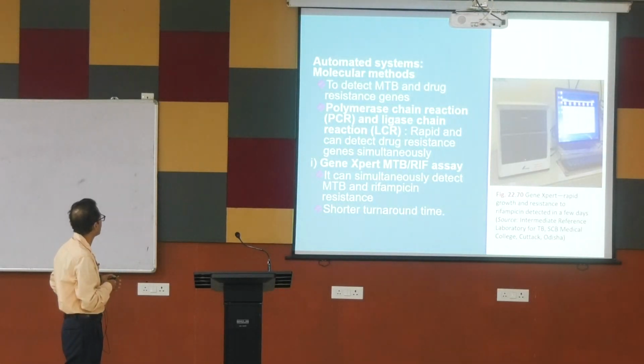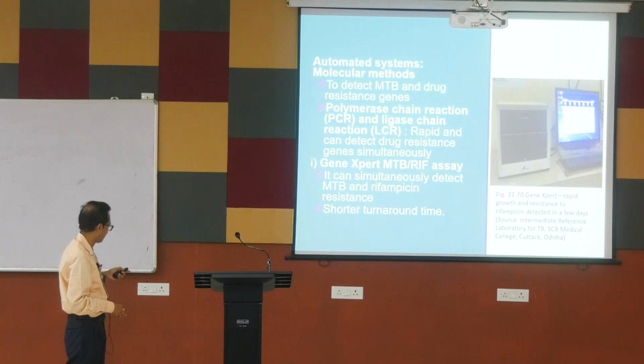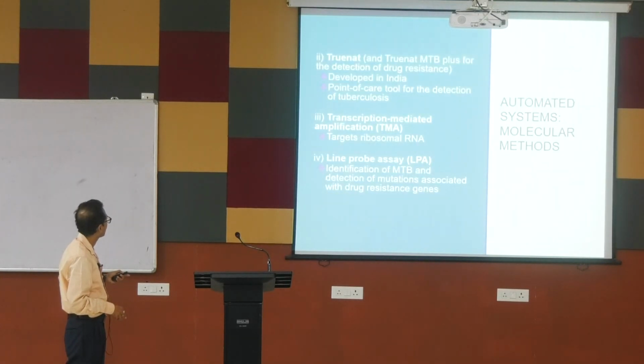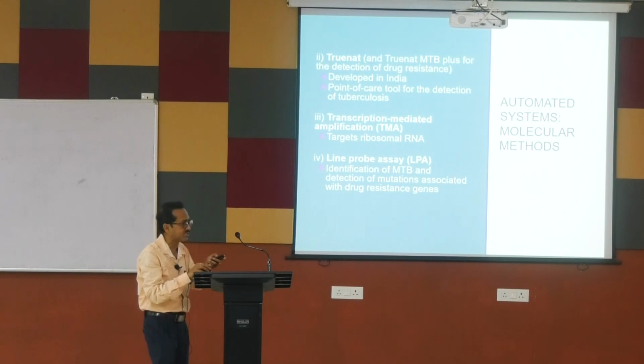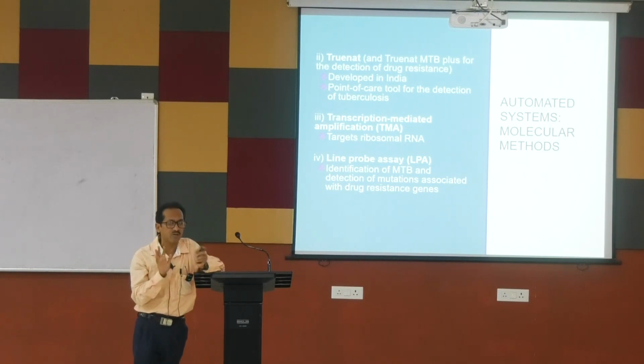These are a few automated systems. PCR and ligase chain reaction, Gene Xpert, TrueNat, transcription mediated amplification, line probe assay. What is the advantage of line probe assay? LPA is very important. Only 1 to 2 years back, Gene Xpert could only diagnose resistance to rifampicin.